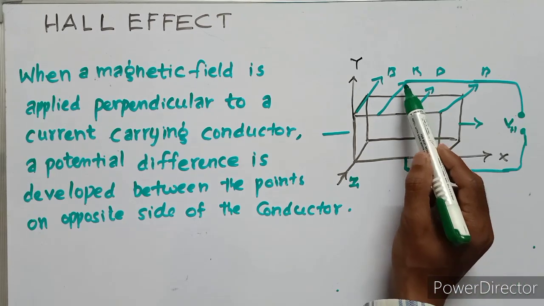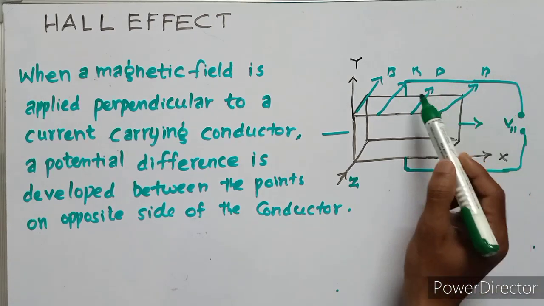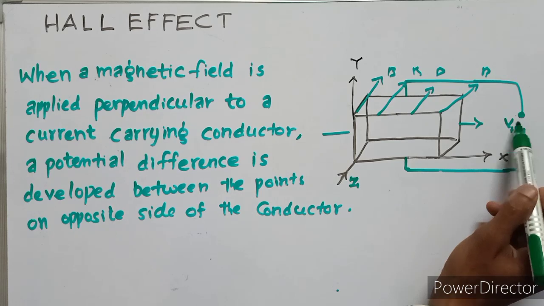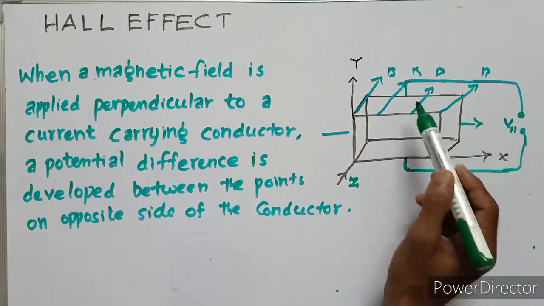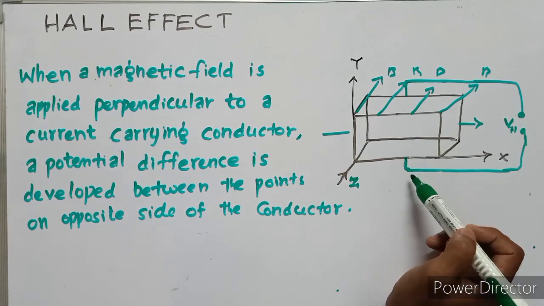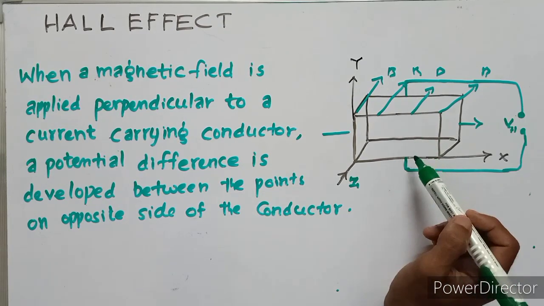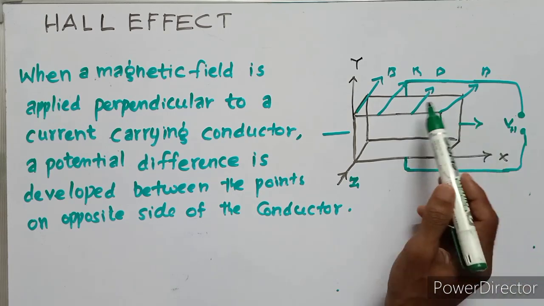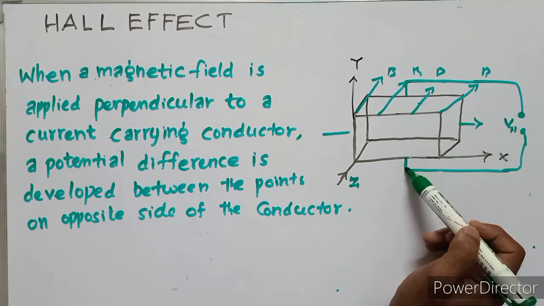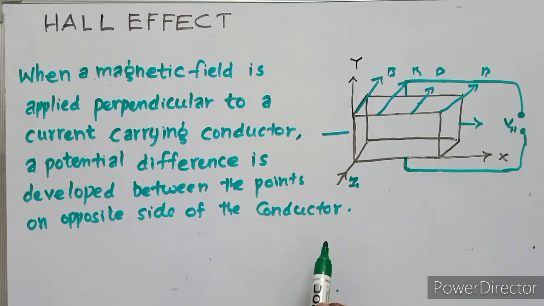When the potential difference is developed between this point and this point, the opposite sides. The potential difference is developed between the points on opposite side of the conductor. This is the opposite side.